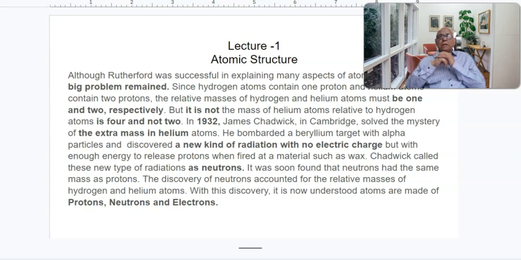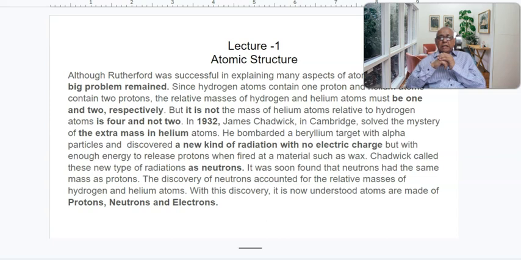So the mass of the hydrogen atom and the mass of the helium atom should be 1 and 2 respectively. But the mass is not 1 and 2. Hydrogen atom is less heavy, and helium is almost 4 times heavier than hydrogen atoms.